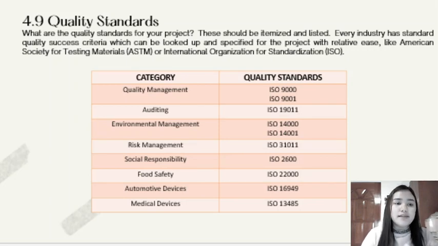4.9, the quality standards. Ayan, I'm sure familiar kayo sa ISO, familiar kayo sa ASTM, which is the American Society for Testing Materials. So, sa project, meron din tayong quality standards na kailangang sundin or kailangang i-comply. This quality standard should be itemized and listed. So, every industry has standard quality success criteria.